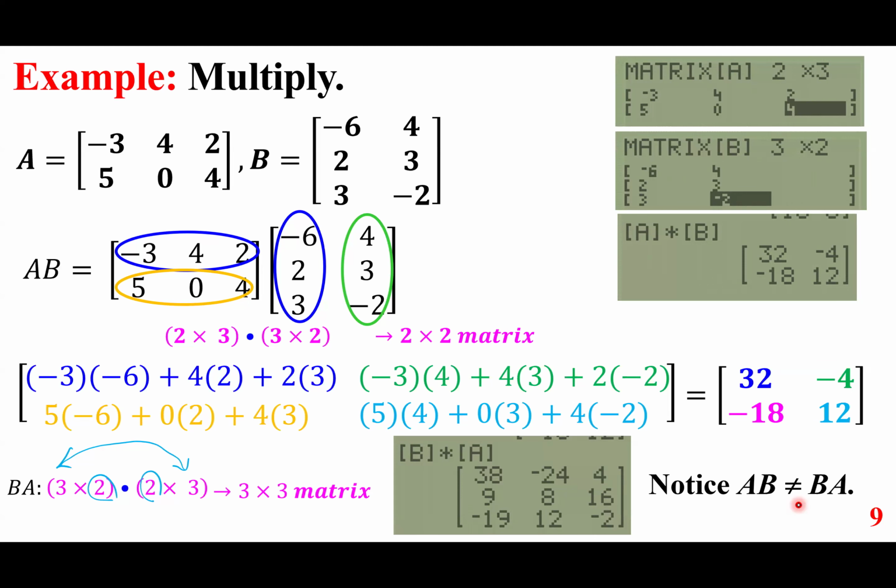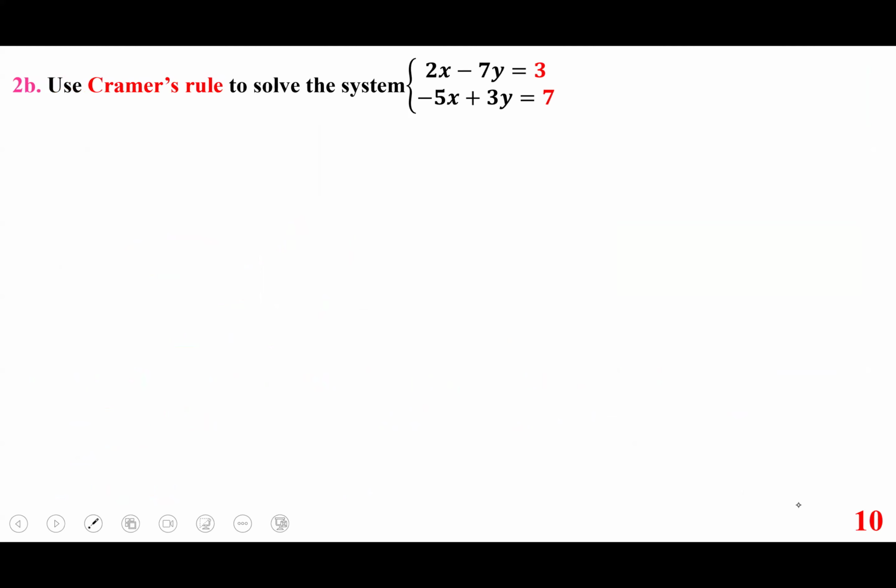So that's multiplication. Now, another method to solve a system of equations is called Cramer's rule. So let's look at this method of Cramer's rule, everybody. What is Cramer's rule? Well, we're going to look at the same example we've been looking at.